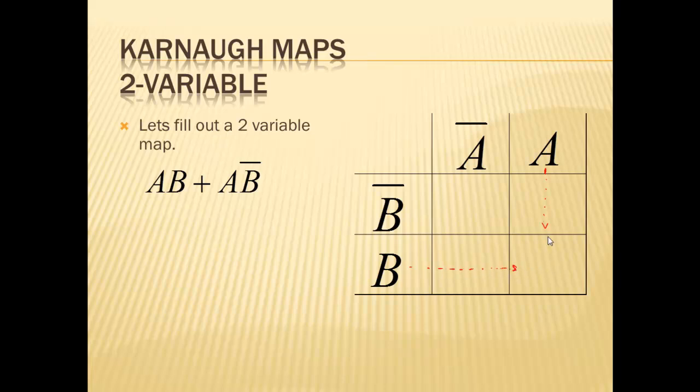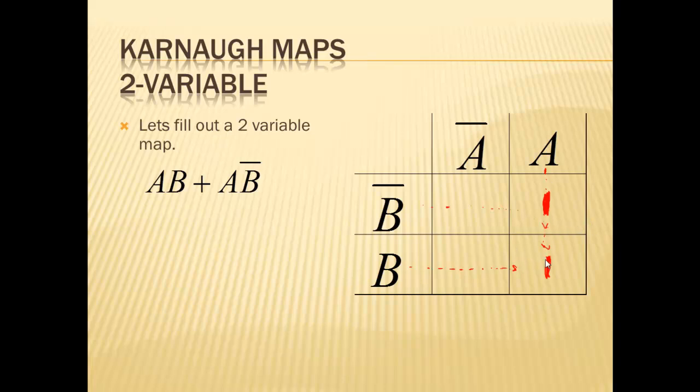At that box, we put a 1. Then the next set of variables is A, B not. There's A, there's B not, and wherever A and B not intersect, we put a 1 right there.